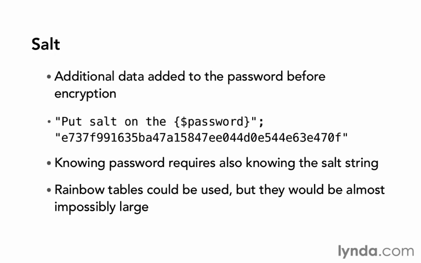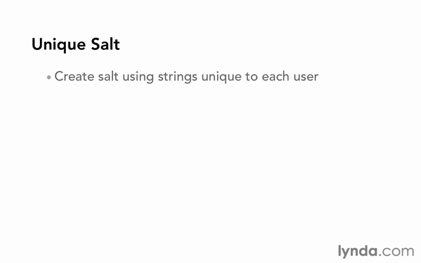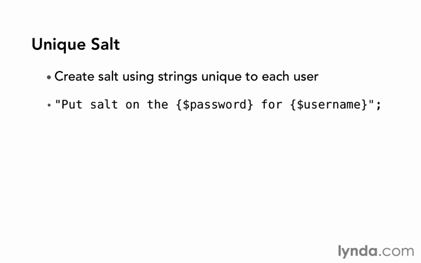But we don't have to stop there. We can go even further. We can also create our salt by using strings that are unique to each user. And that way, just because you figure out the salt or the password for one user, you haven't necessarily compromised another user because theirs is different. A very simple example of this would just be to use their username.